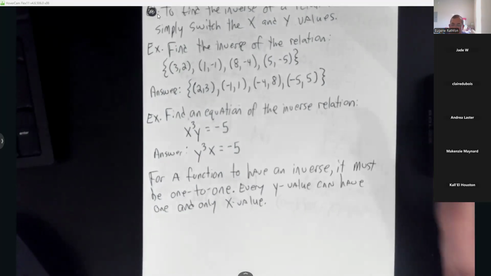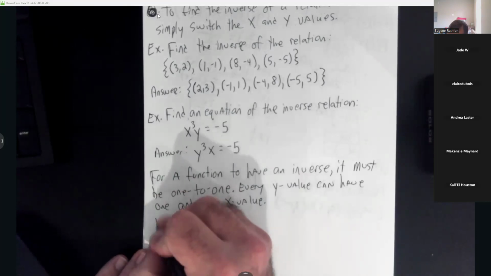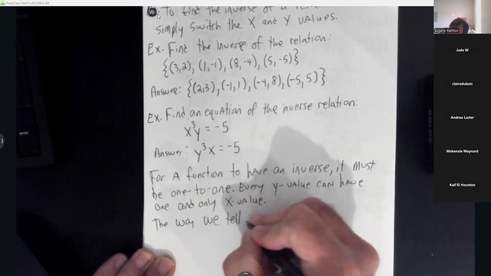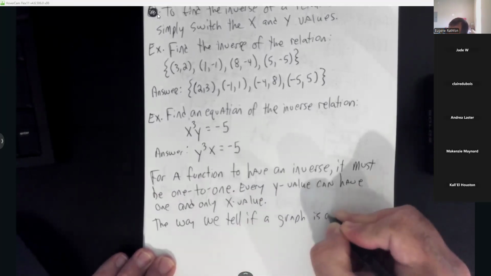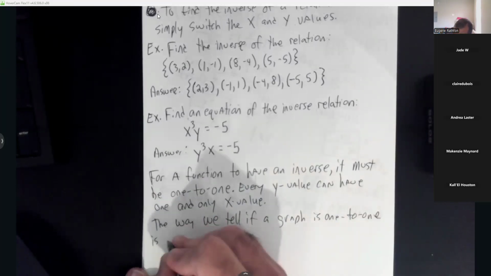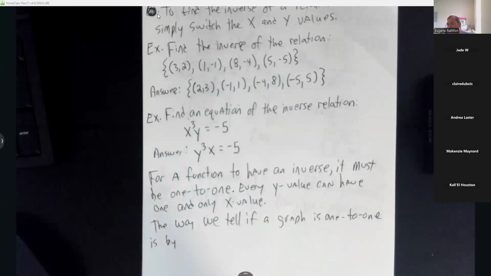Now, how can I tell if a graph is one-to-one? The way we tell if a graph is one-to-one is by, well, y'all check this out. If I was looking at a function to tell if the x's could only have one y value, I did a vertical line test.